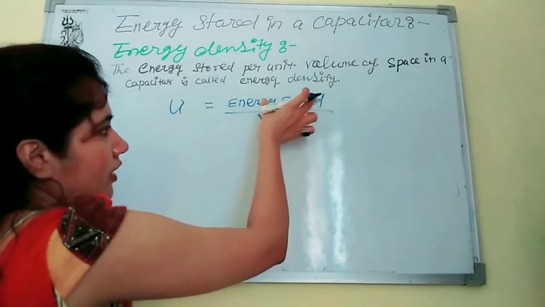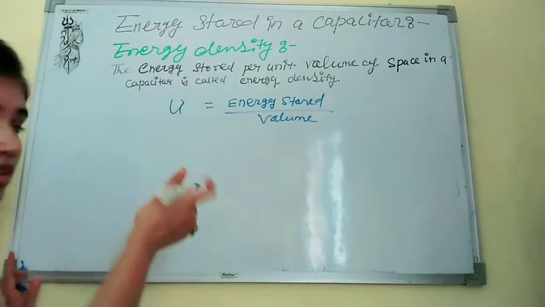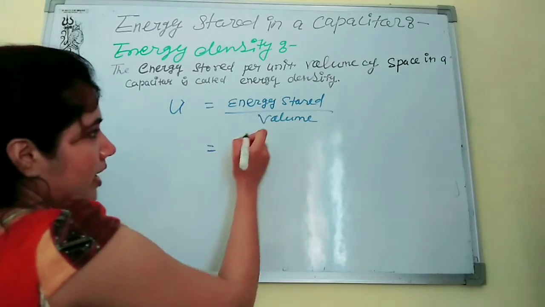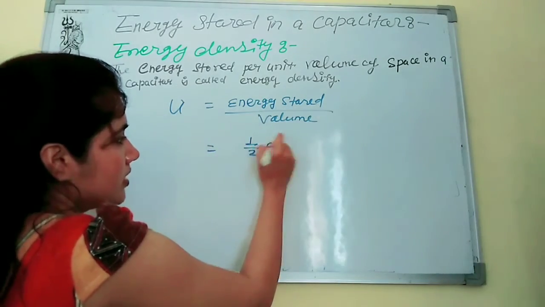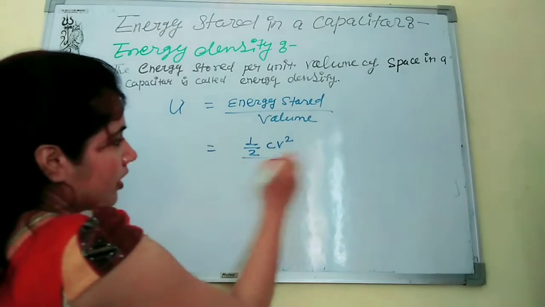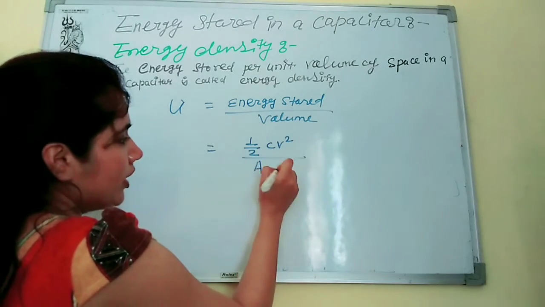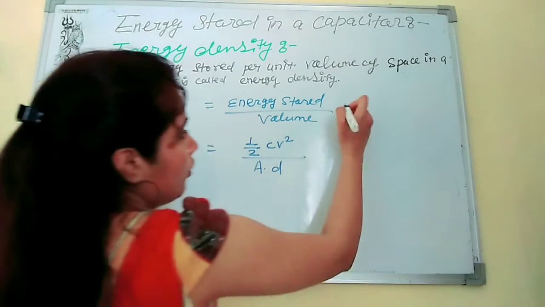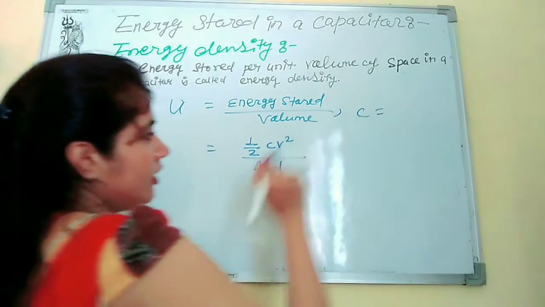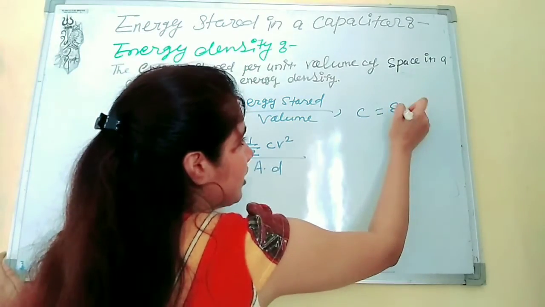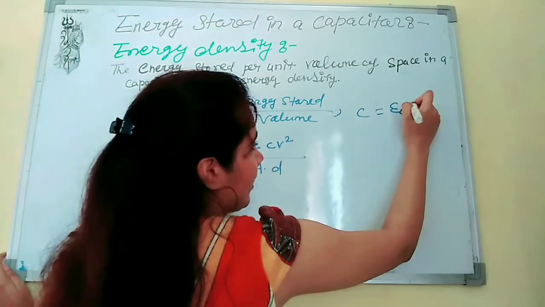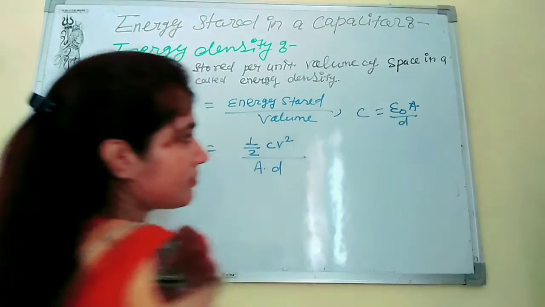So in the place of energy stored, we have just found the expression for that, that is half CV square, and volume is area into d. Now we know the expression of C, that is epsilon naught A by d.